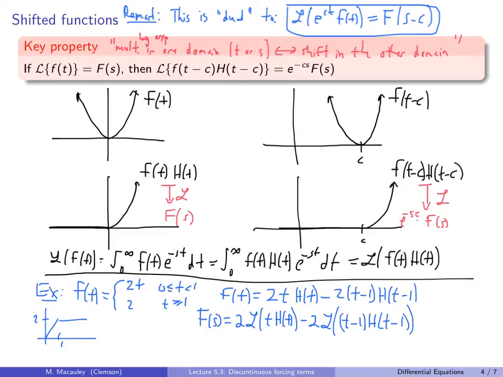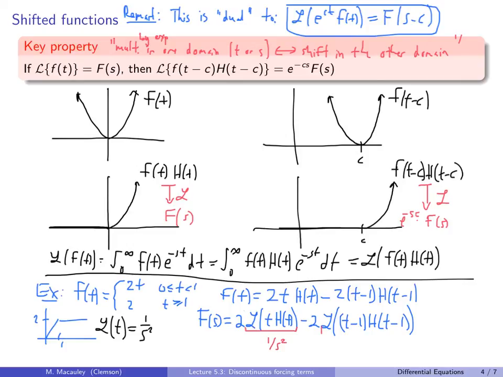Now remember that the Laplace transform of t is 1 over s squared. Remember that? So this first term is just the Laplace transform of t, because remember, we can always multiply by h of t and not do anything. So this is 1 over s squared.